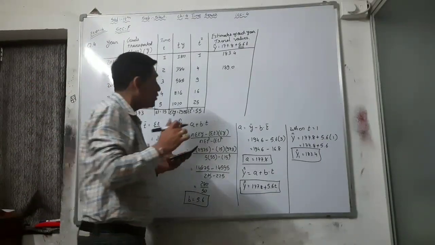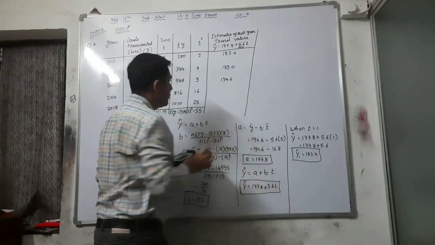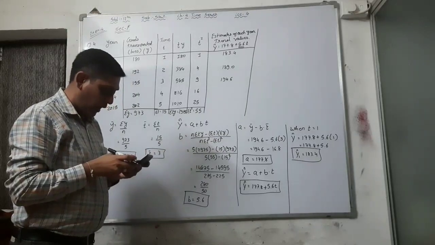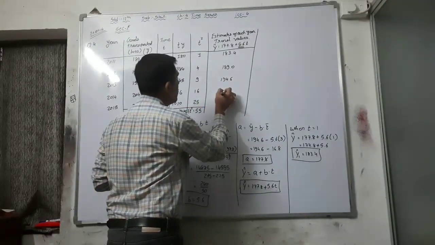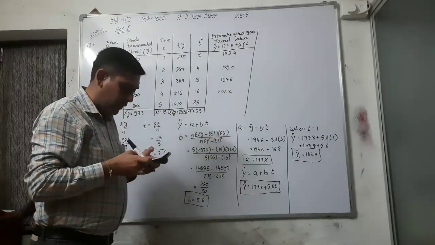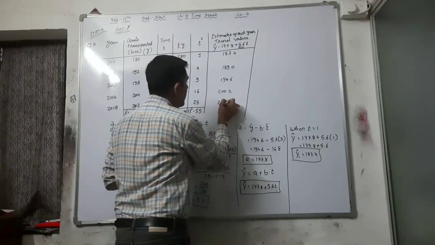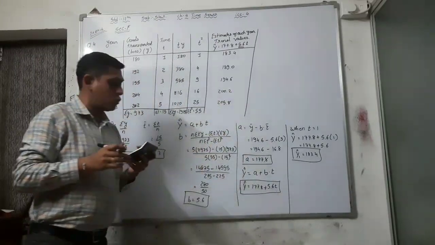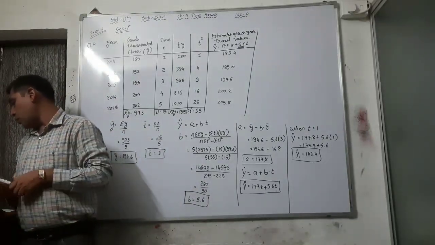Plus next year estimated value, we just add 5.6, that is 194.6, now plus 5.6, that is 200.2, and plus 5.6, that is 205.8, right? So here your first question is over. See the question.